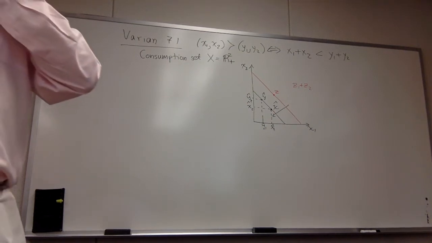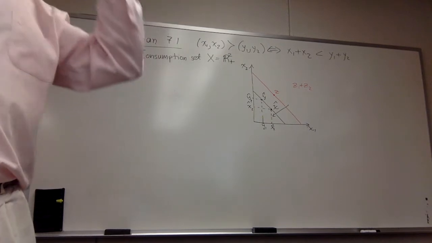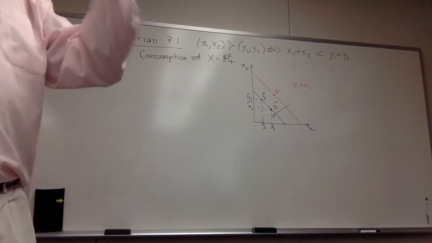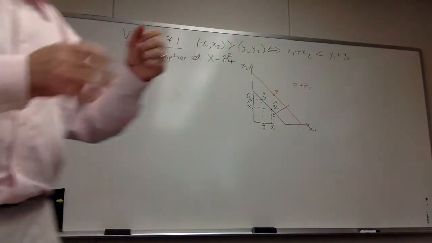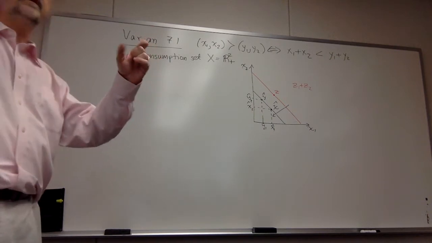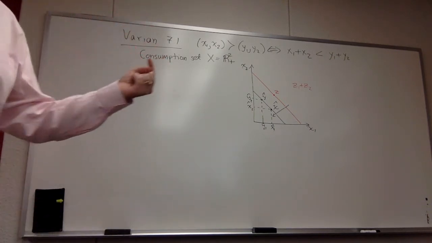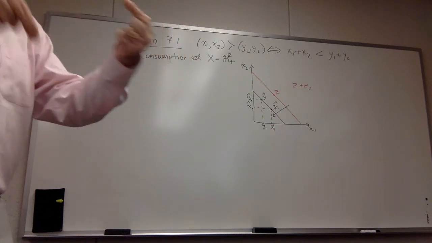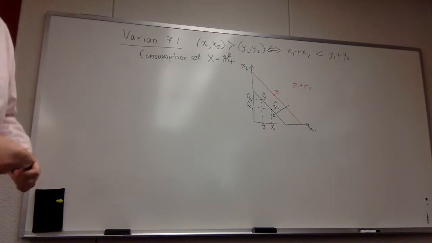That is for me. This isn't a mathematical thing. It's a good trick to remember when you draw, especially if later on we're going to do general equilibrium, we're going to have an Edgeworth box and we'll have an indifference curve here for one person and one over there for the other person. It's good to remember what direction utility increases for both of them. Yes? Okay.